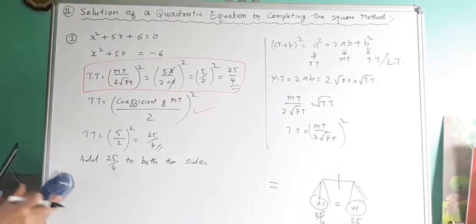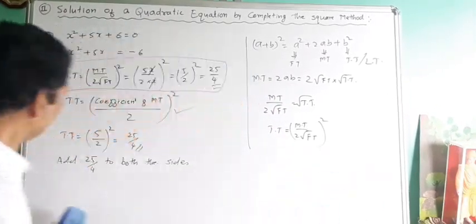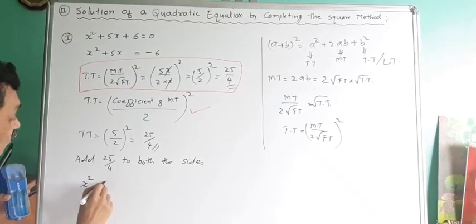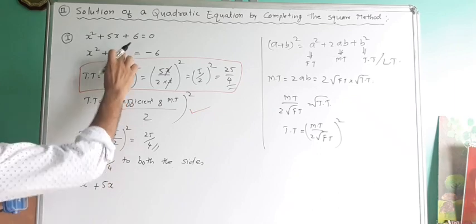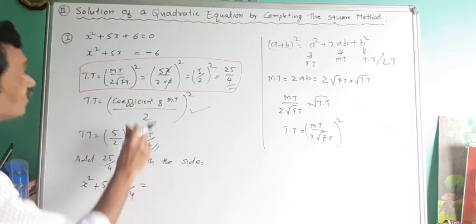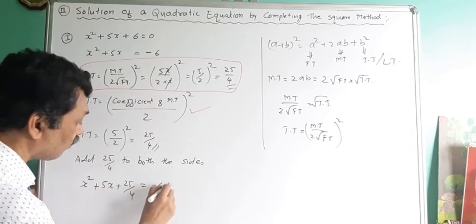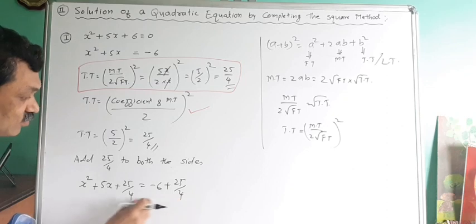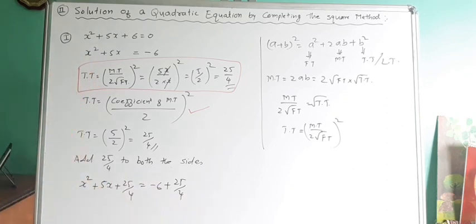So here, x square plus 5x plus the third term 25 upon 4 is equal to minus 6 plus 25 upon 4. I am adding this to both the sides, so the equation remains balanced.